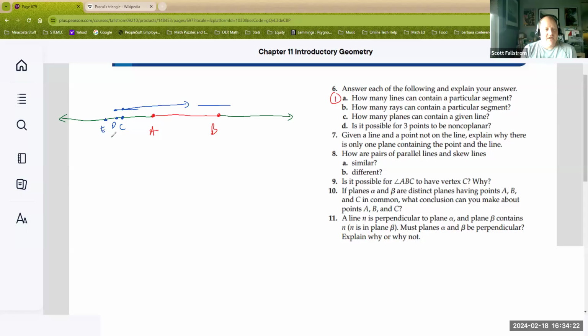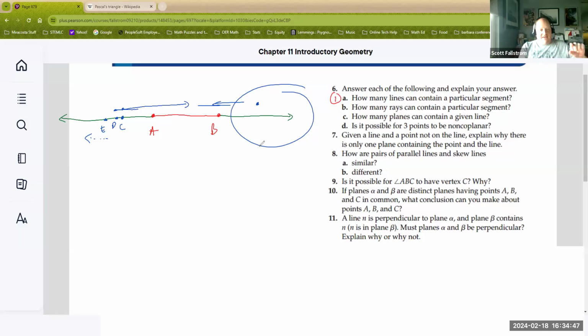I get E. So how many points can I pick going that direction? Infinitely many. And I still haven't even gotten over to the other side for a point over here that could go that direction and contain AB as well. So how many rays can contain a particular segment? Infinitely many.